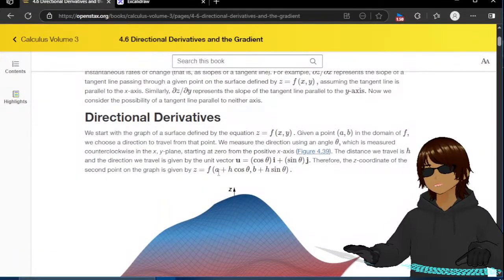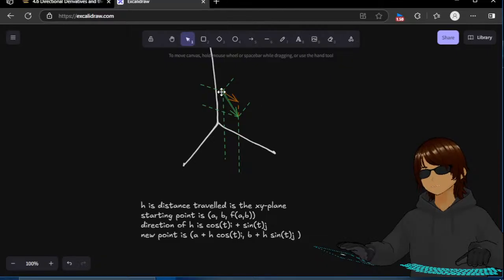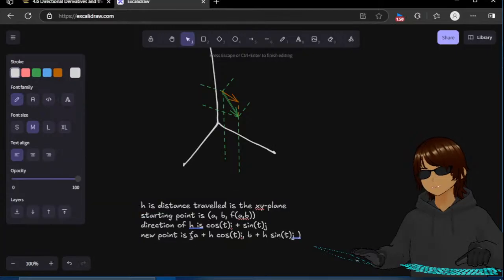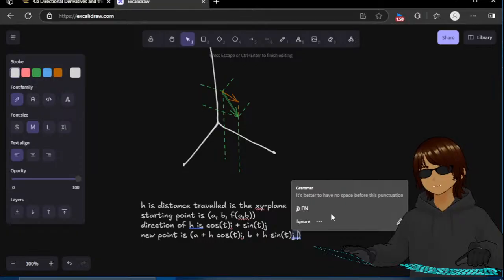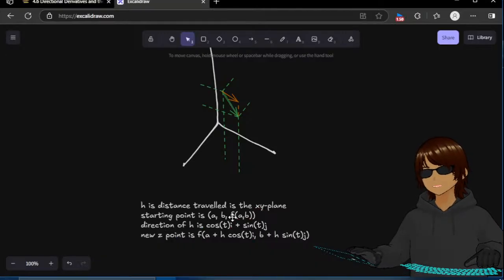Then it would make sense that the new x is a plus h cos theta, and the new y is b plus h sine theta. So we started at (a, b), which is over here. The distance we travel in the xy plane is h. So the new z value: the original is a, b, and f of (a, b), so x, y, and z.